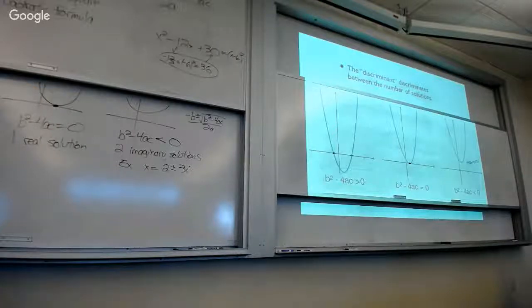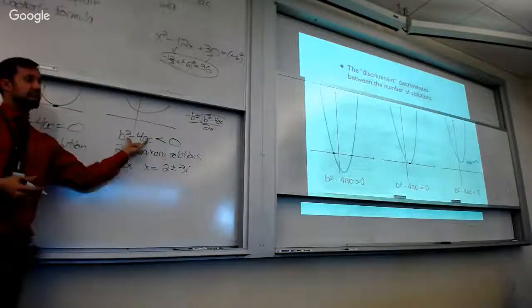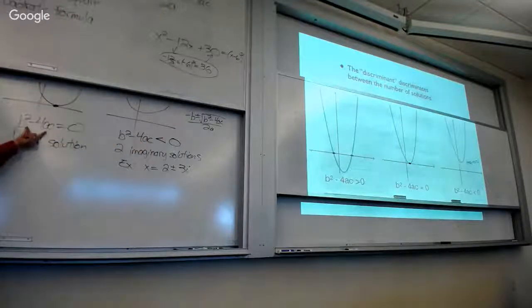We got 5 minutes. Let's finish this. So then what's the other possibility? B squared minus 4ac is either negative, or b squared minus 4ac is 0, or b squared minus 4ac is positive. So that's the third case. If b squared minus 4ac is positive, well, then that means we actually are plussing and minusing something different.